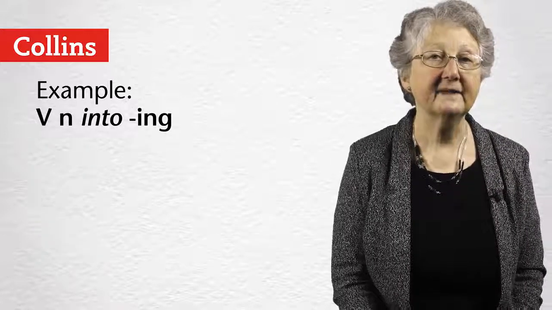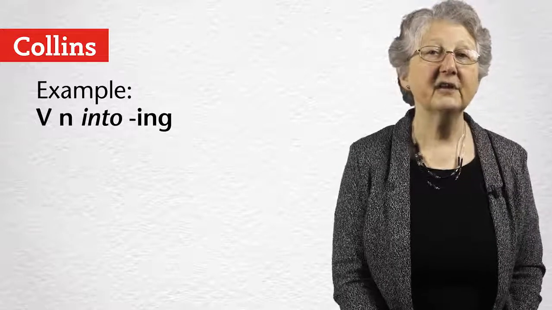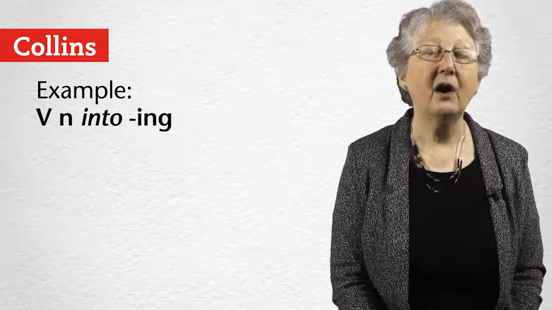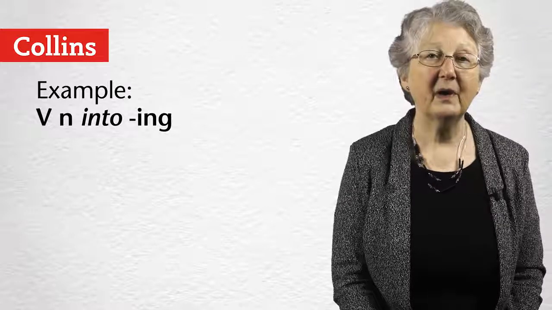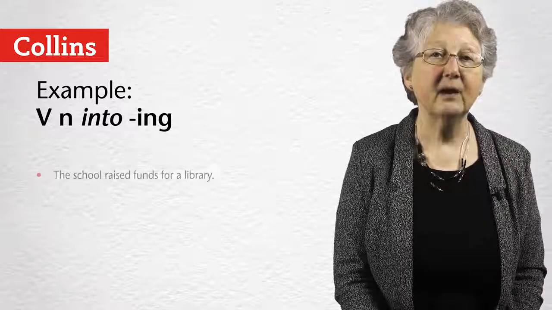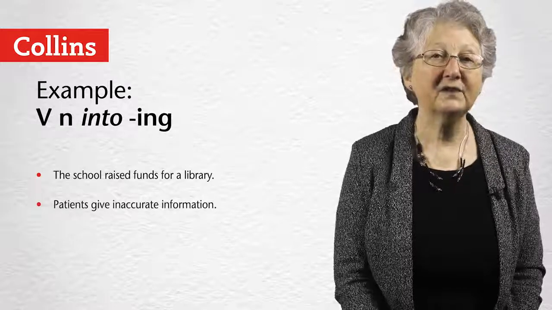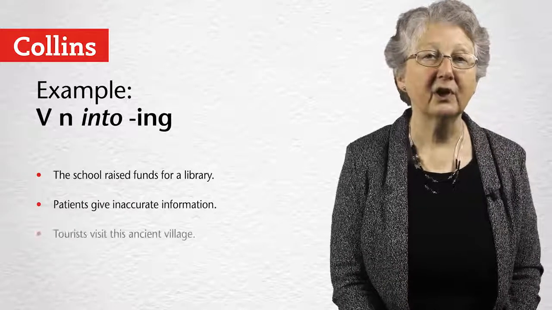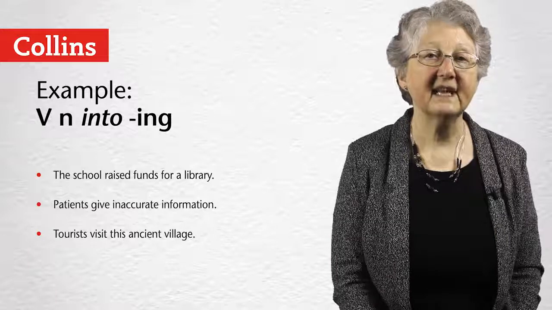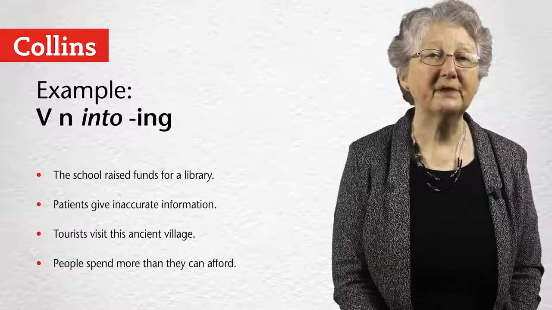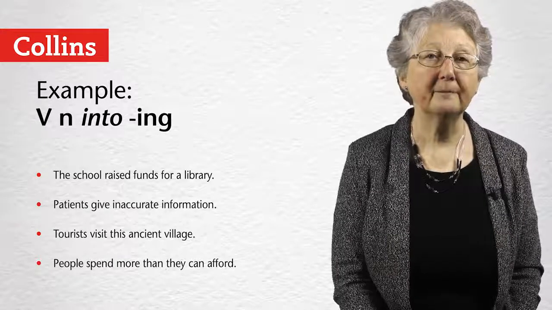Following on the passive, the next set of examples just give us the result of the persuasion. For example, the school raised funds for a library, or patients give inaccurate information, or tourists visit this ancient village, or people spend more than they can afford.